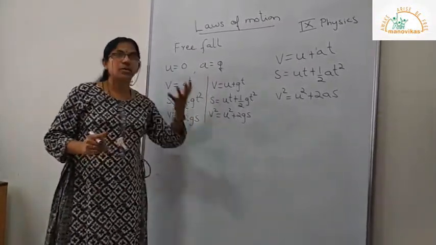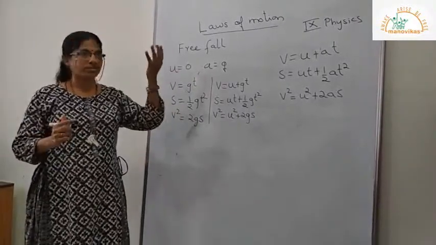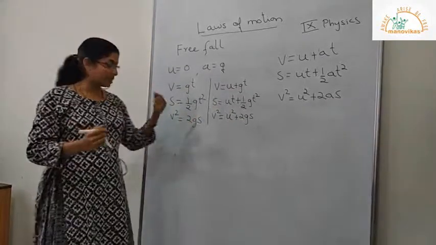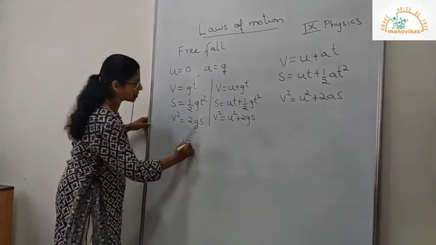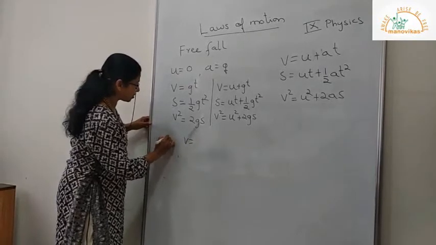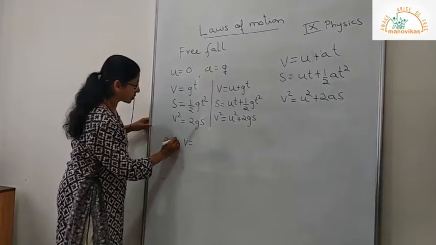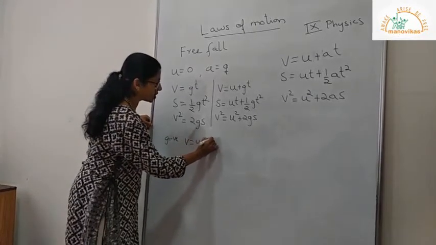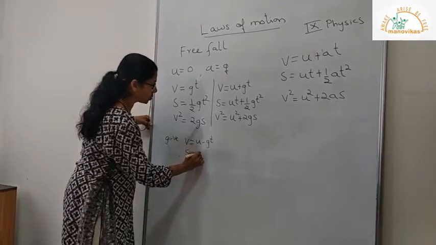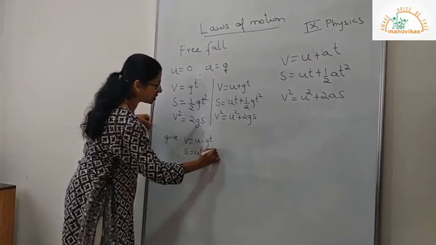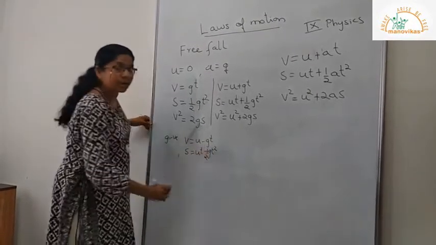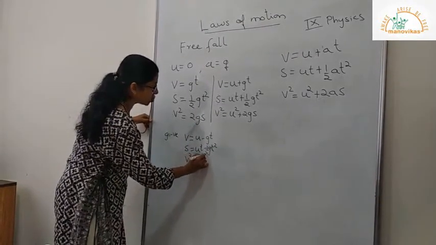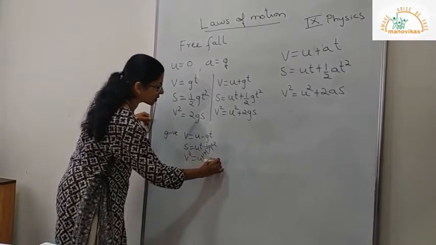And suppose the object is thrown vertically upwards. That time the value of g becomes negative. Now in that case, when g is negative, you have v is equal to u minus gt, s is equal to ut minus half gt square and v square is equal to u square minus 2gs.